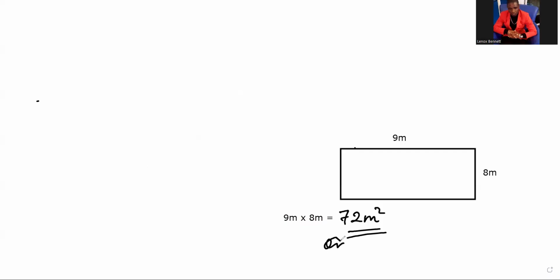My regular way of doing it though, sir, is just multiply 9 meters times 8 meters, equals 72 meters square. Since it's area, sir, you have to put the meter square. Yeah, square meter is important. I agree. Very good. All right, that's it.